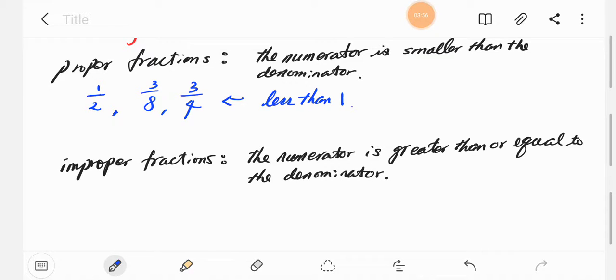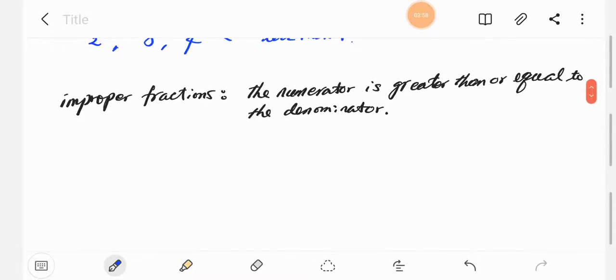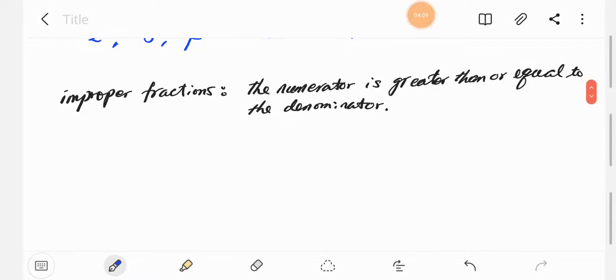Improper fractions are fractions that contain a numerator greater than or equal to the denominator. Let's say the denominator is 3, then 7 over 3 has a greater numerator, so this is an improper fraction. Or if the numerator is the same as the denominator, then it is equal to 1.